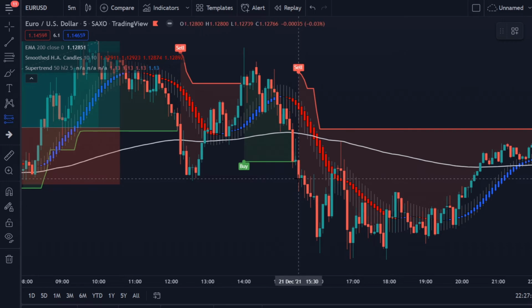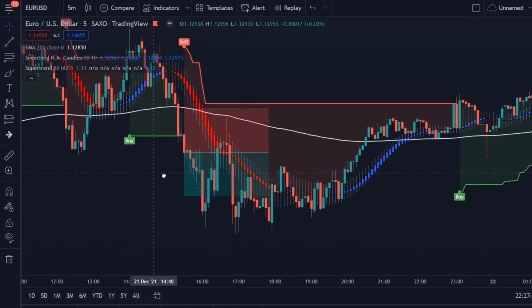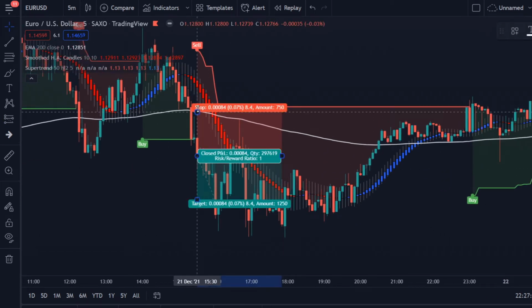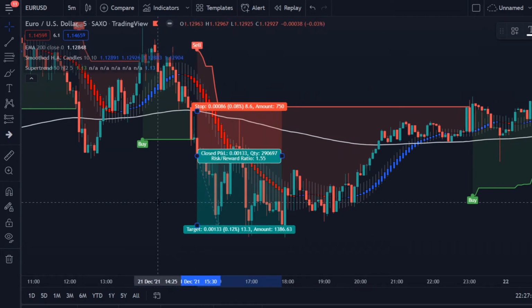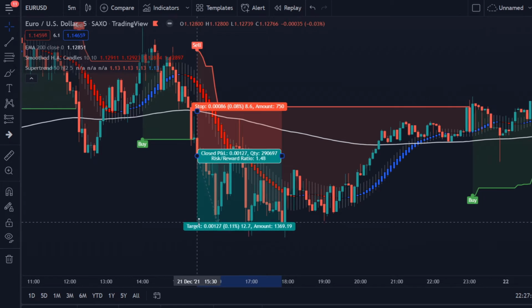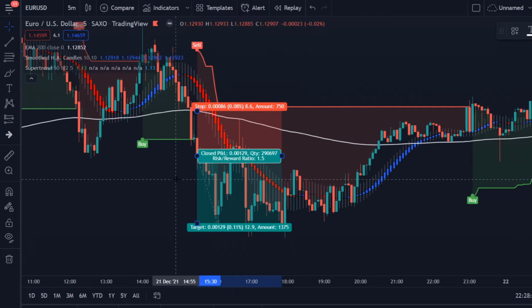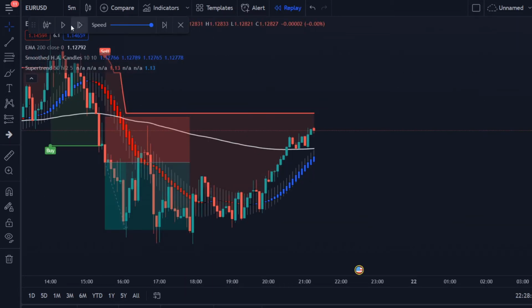We place our sell order about here. And again, you can choose to place your stop loss on top of the 200 exponential moving average, or you can place it about here on the super trend. But over here, if you are looking for a 1.5 to 1 risk reward ratio, this turned out to be a winner as well. Let me show you more examples.